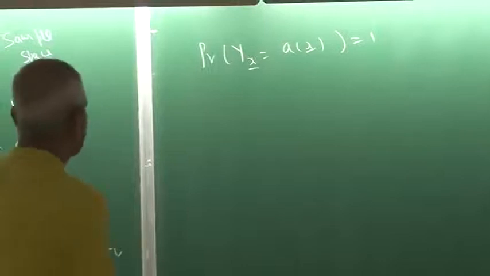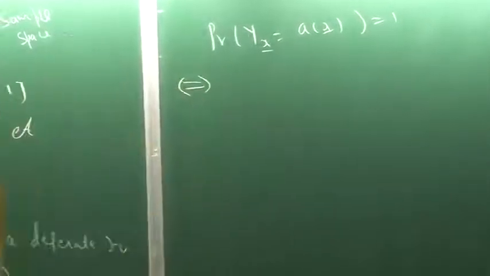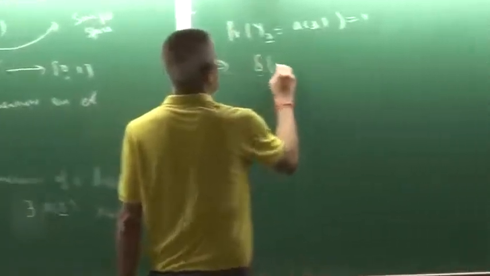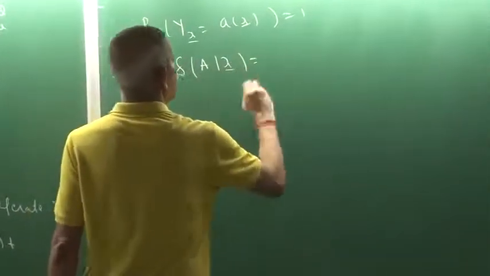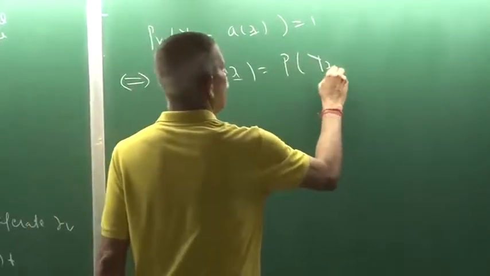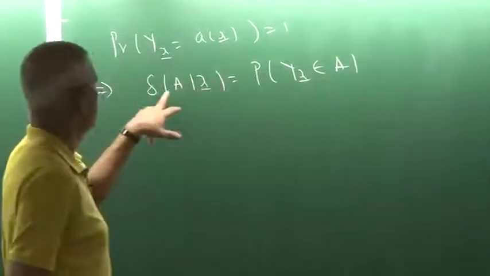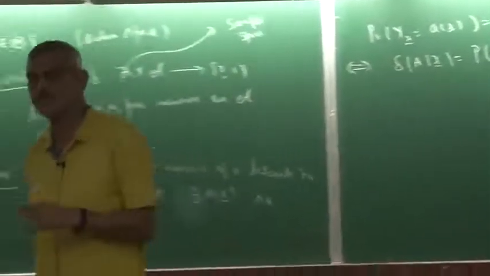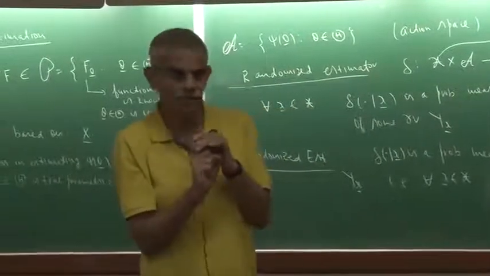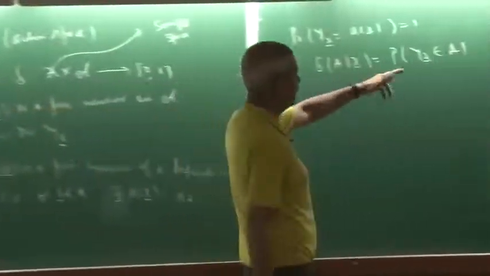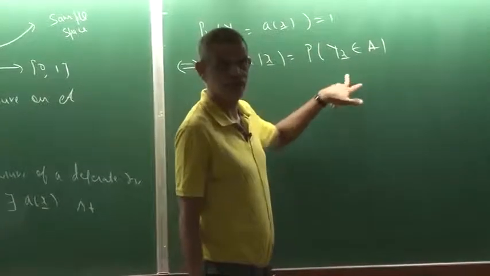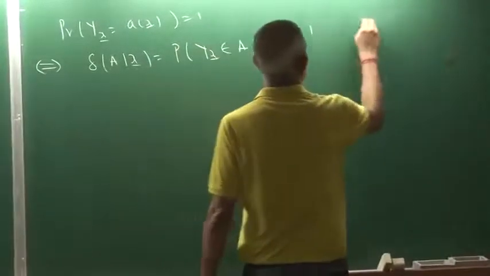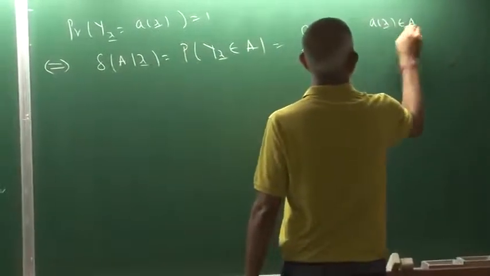Writing this in terms of delta dot x, delta of A given x is nothing but the probability that Yx belongs to A, because it is the probability measure of the random variable Yx. I know that Yx takes only one value, ax, with probability 1, so it depends whether ax is in A or not. If ax is in A, this probability is 1. If it is not in A, then the probability is 0. So it is 1 if ax belongs to A, 0 otherwise.